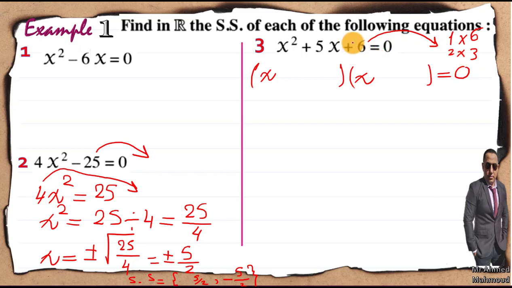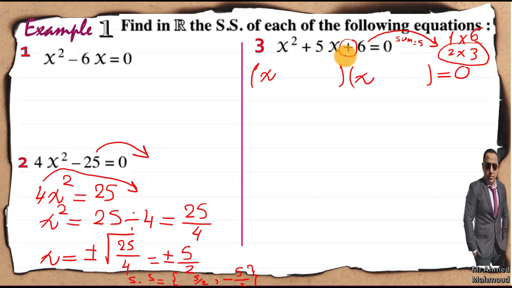Now I need two numbers because I have a positive sign. Their sum equals 5, so I'm going to choose 2 and 3.